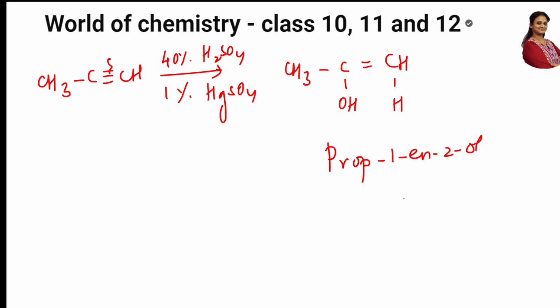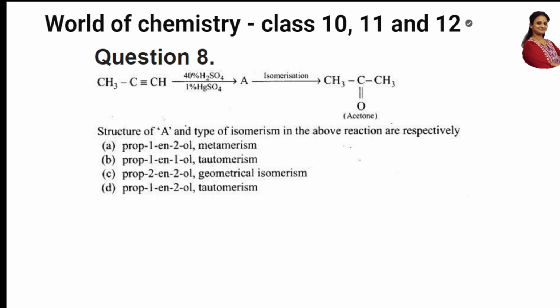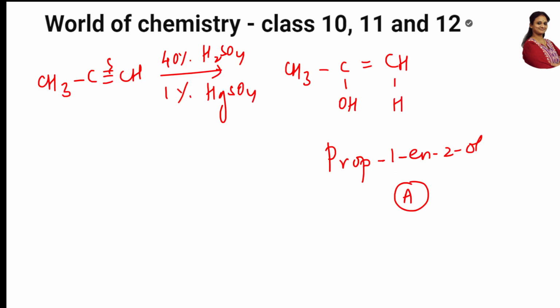Now this compound further undergoes isomerization, which is nothing but tautomerization. Tautomers are isomers having the same molecular formula.